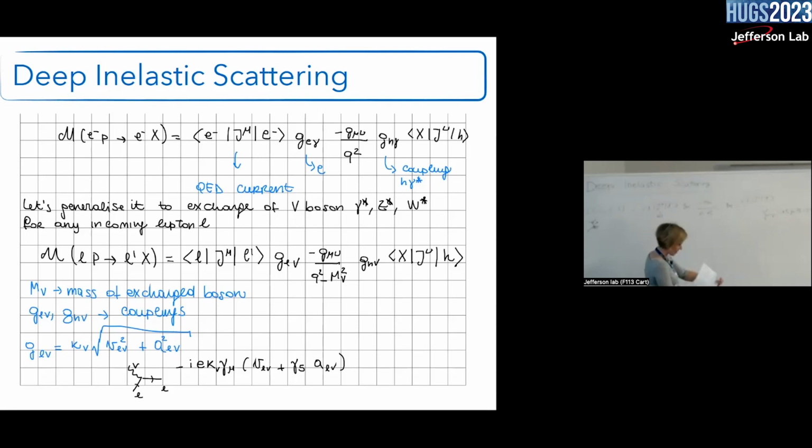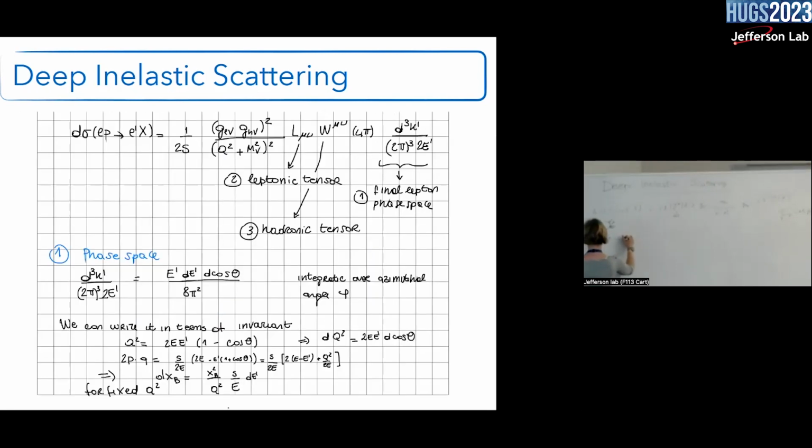So now let's compute it. Given the ingredients, given that we can factorize that, we can write from the amplitude the differential cross-section. So what is the differential cross-section for a lepton proton going into lepton plus X? So that's the usual cross-section formula that you have, is 1/2 times the center of mass energy. Then you have the amplitude element squared.